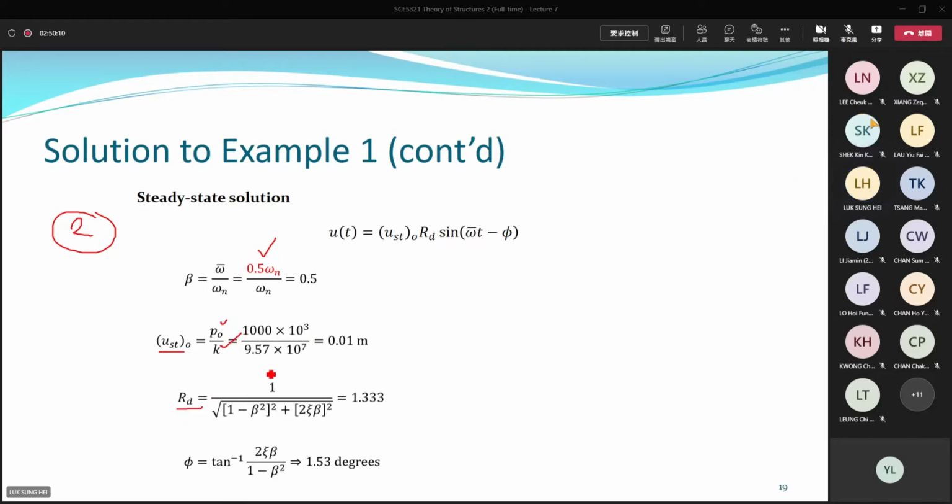RD, when beta changes to 0.5, becomes 1.333. This time, RD is greater than 1. Greater than 1 means some magnification effect, amplifying the static response by 1.33 times. The dynamic response is now bigger than the static one, 14 millimeters right here.